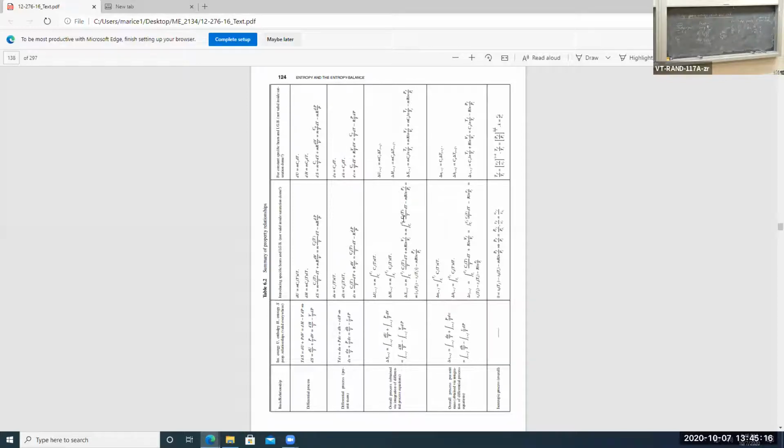And remember, these are the property relationships for entropy, differential, overall, per unit mass, et cetera. These are all provided for constant and variable specific heat, IGB, et cetera, in table 6.2. So this is, I hope, a fairly helpful table that would condense a lot of the information. There's a lot of information here, so I think you need this table. We're going to get on and just do an example here in a moment.